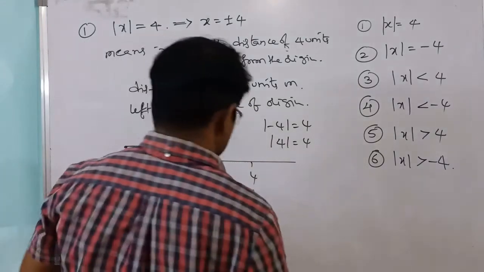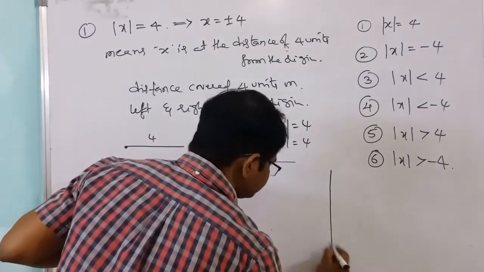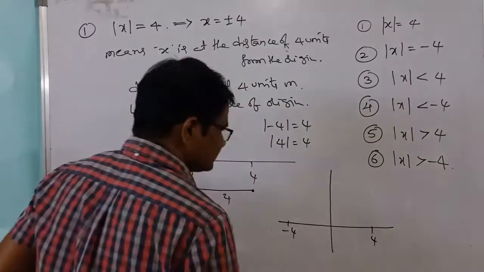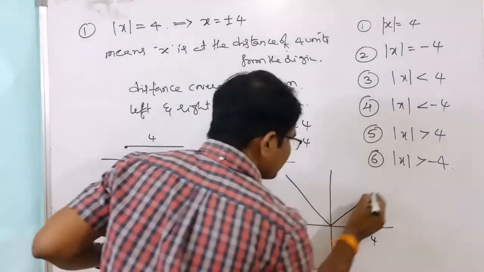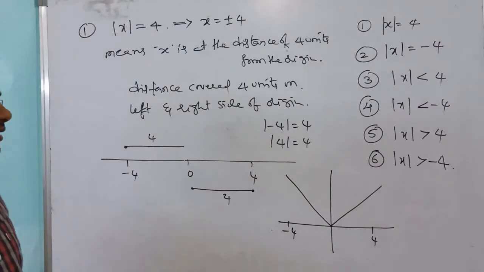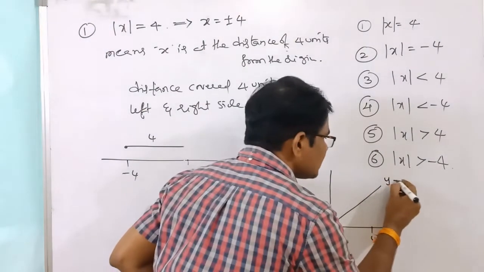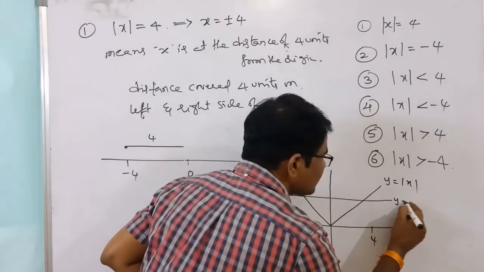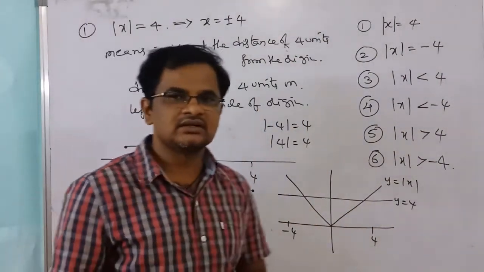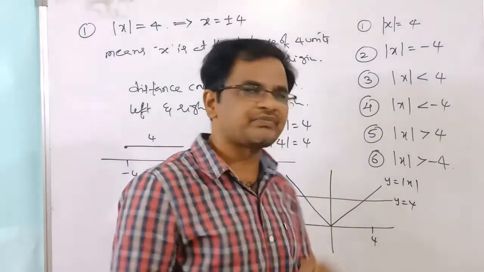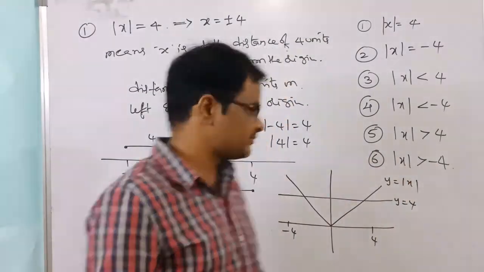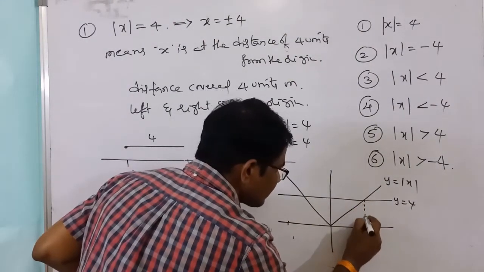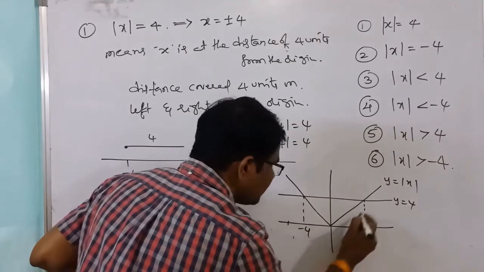Or you can take it like this also: here minus 4, here plus 4. This is y equal to mod x, right? So here I will take the y equal to 4 line. We just discussed it: y equal to 4 is a constant function, parallel to the x axis. Now this intersects at minus 4 and plus 4.